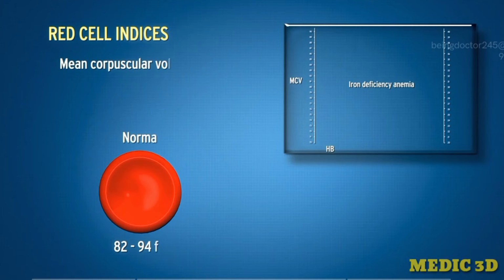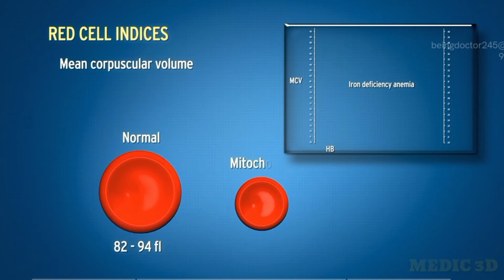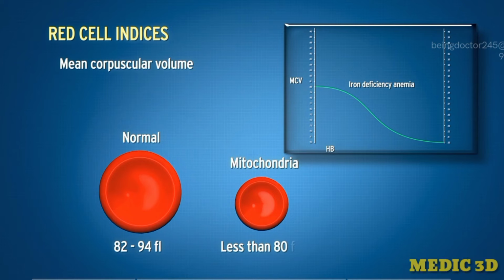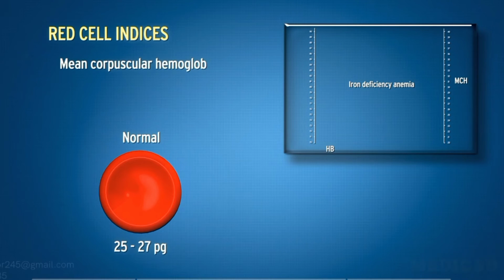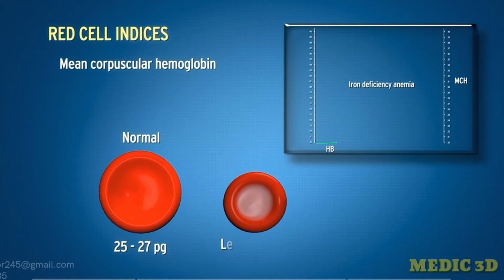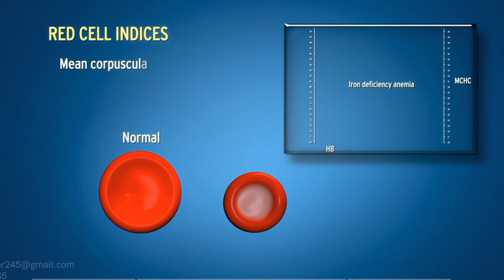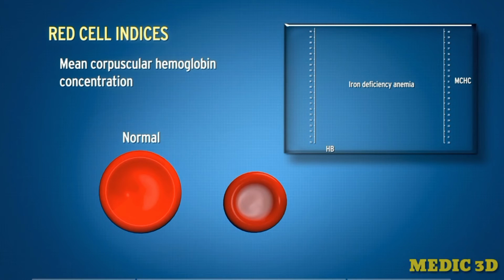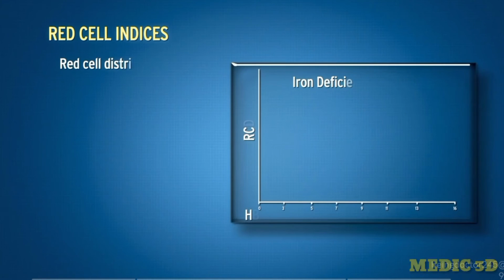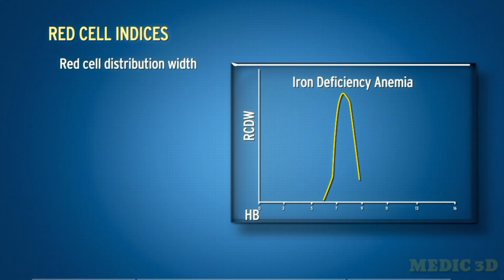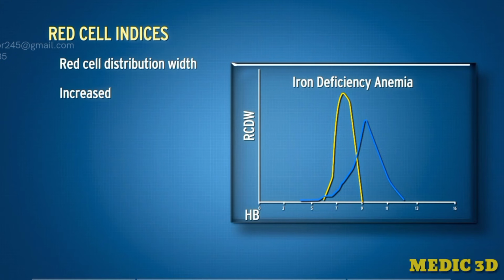Mean corpuscular volume MCV is reduced to less than 80 fL. Mean corpuscular hemoglobin MCH is reduced to less than 25 pg. Mean corpuscular hemoglobin concentration MCHC is reduced to less than 27 grams per deciliter. Red cell distribution width RDW is increased. It is one of the earliest signs.